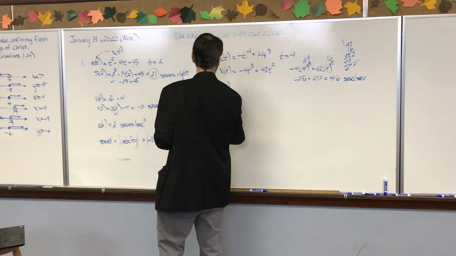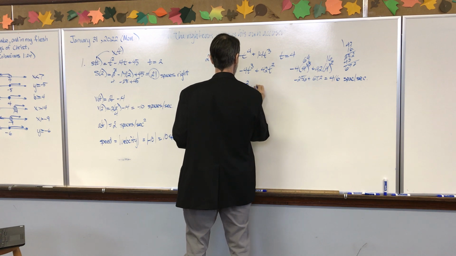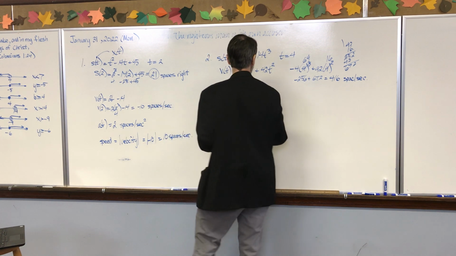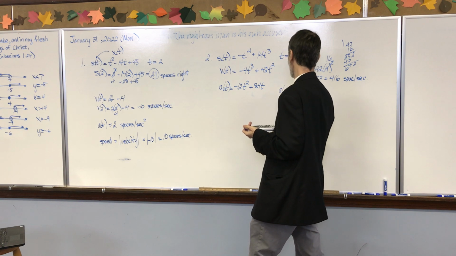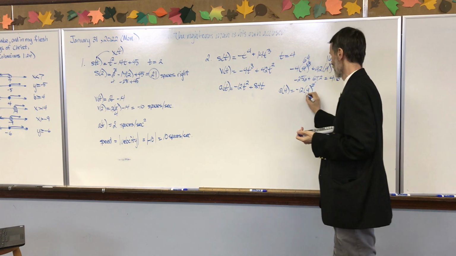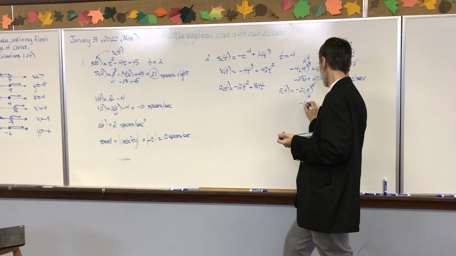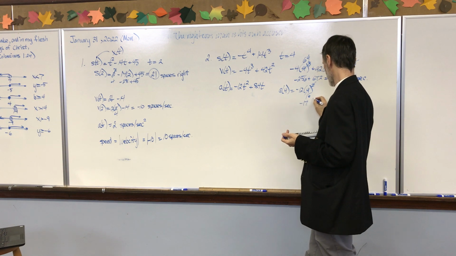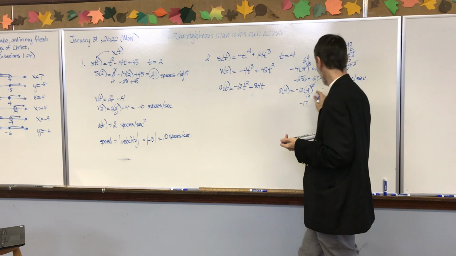A of t is the derivative of this thing. It's negative 12t squared plus 84t. And if you want to plug in a 4, the acceleration at 4 would be negative 12 times 4 squared, which is 16. 16 times 12 is 192, so negative 192.